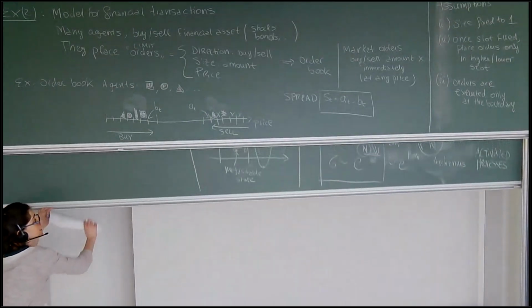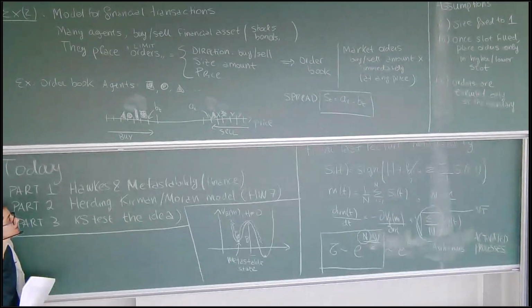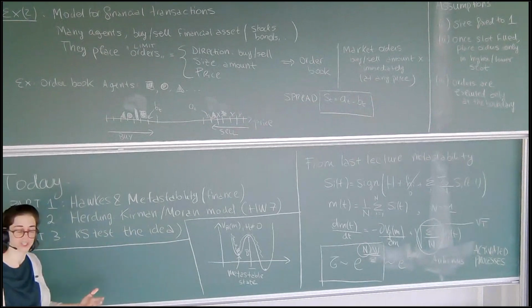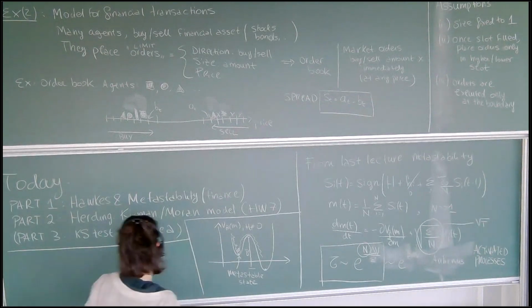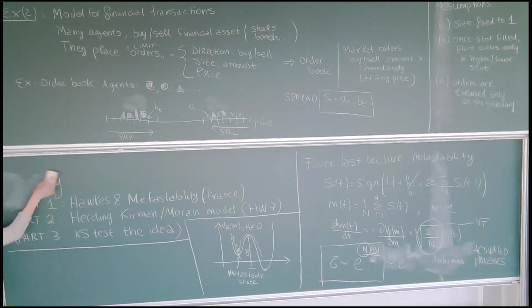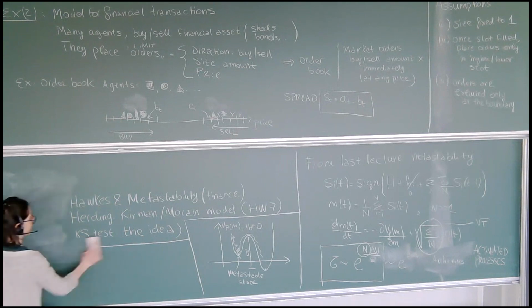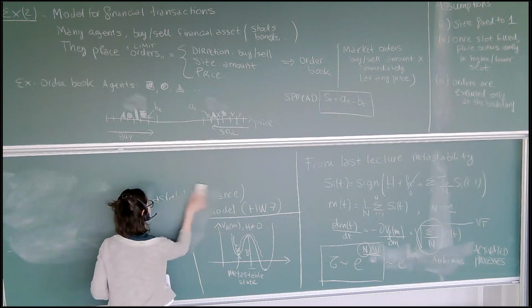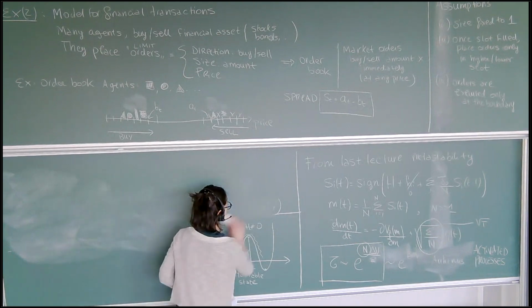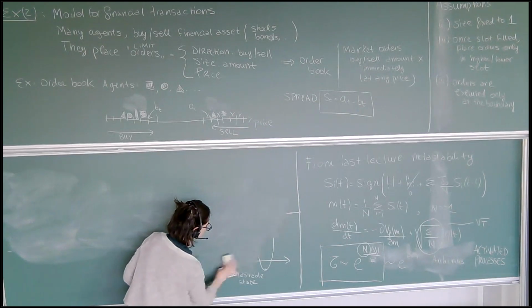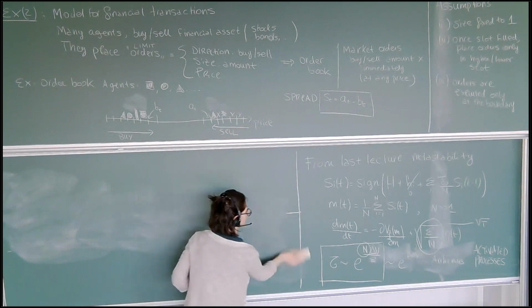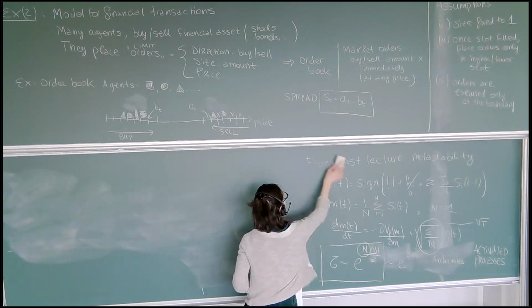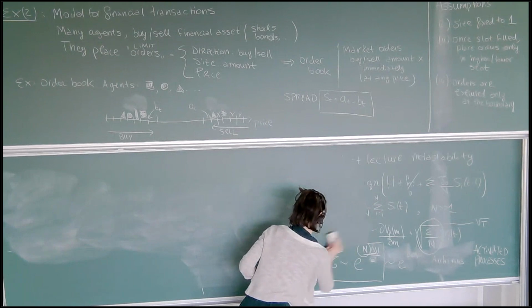So writing down the model means that now we have to specify what is the frequency at which we, or the agents, actually place their orders in the order books. And this is where we introduce these Hawkes processes that we have discussed in the previous exercise.